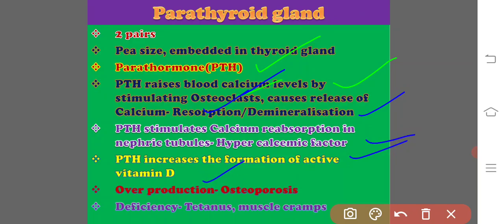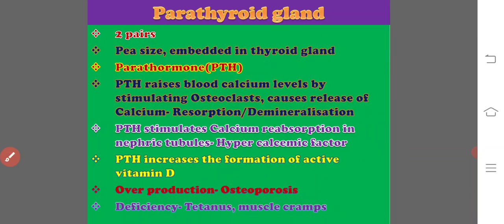That is, overproduction of PTH causes the transfer of calcium from bone to the blood. Hence, the bone becomes fragile and easily broken. Such a condition is called osteoporosis. The deficiency of PTH may lead to lower blood calcium level, causing tetany, otherwise muscle cramps. So, this is the comparison between parathormone and calcitonin hormones.